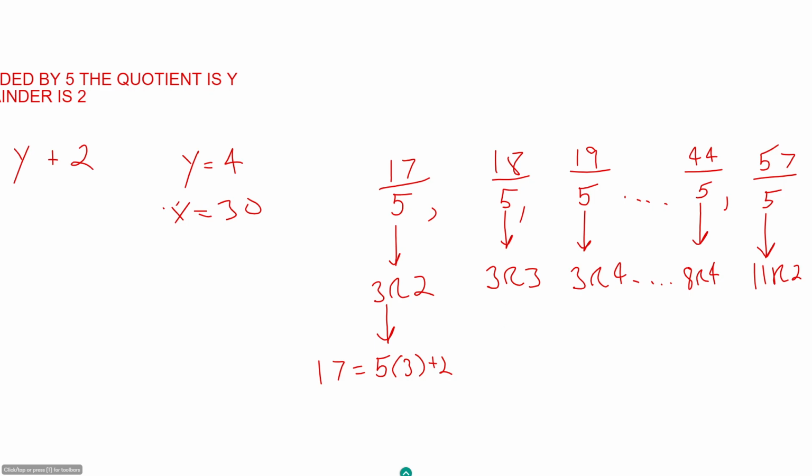And then here we have 18 is equal to 5 times 3 plus 3, because that's how much is left over. And here, 19 is equal to 5 times 3 plus 4.